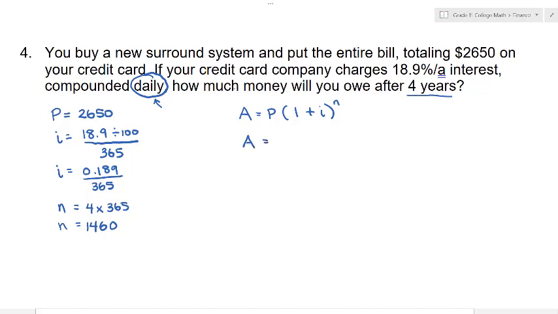So the question wants to know how much money will you owe after 4 years? So they're asking how much am I going to owe in the future? What is my future amount? And that's what A is. So A is my question mark. So P is 2650, so I'll put that in. 1 plus my I, I'm going to leave it as this fraction.